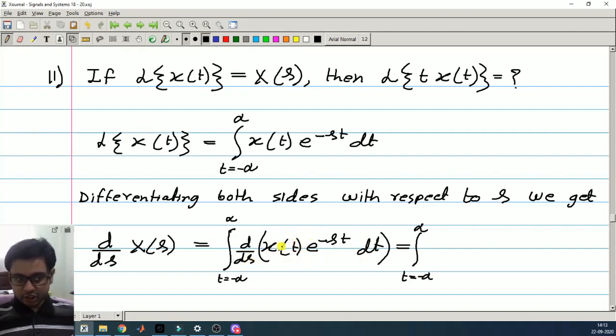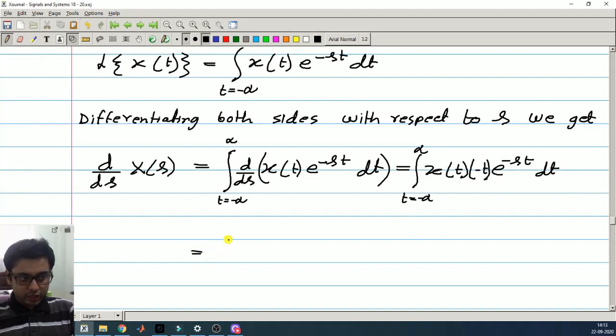Now x(t) is not a function of s, so let me write x(t) as it is. Derivative of e to the power minus st with respect to s will give e to the power minus st multiplied with minus t, and then dt as it is.